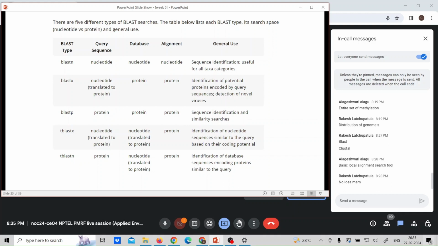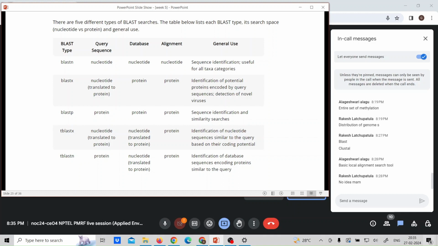The nucleotide sequence is interpreted into a protein sequence, and this input protein sequence is searched against that database, and finally my output is given. This is basically used for identification of database sequences encoding proteins similar to the query.